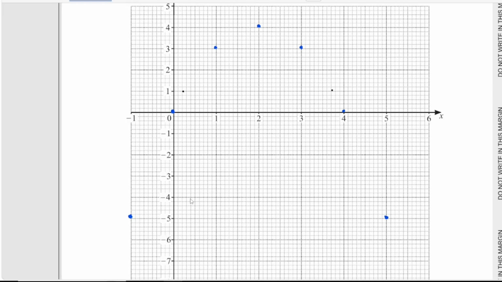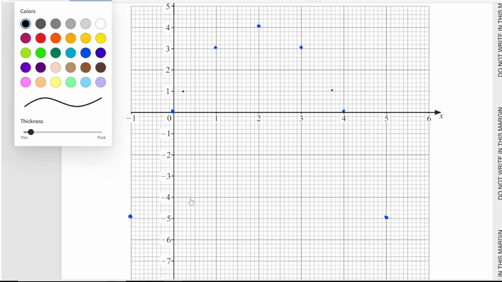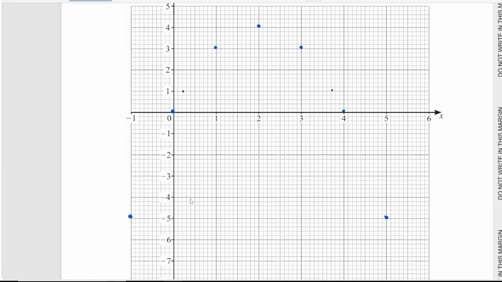So I've plotted everything here, and our next thing is to join them with a continuous line. So you start from here and you draw. I would like to start from up here and draw downwards. No, this looks bad.